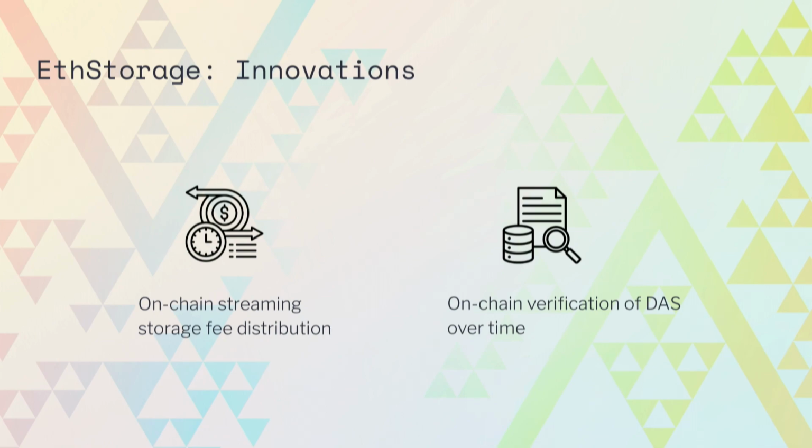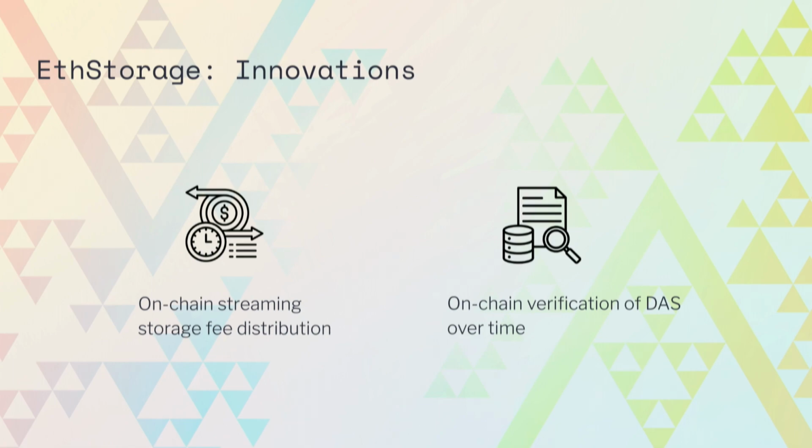We are the first to fix the problem on top of Ethereum, by receiving upfront storage payment from the user, and then distributing those fees to the storage providers over time, as long as they can prove that they really store this data over time using our SNARK-based storage proof algorithms.